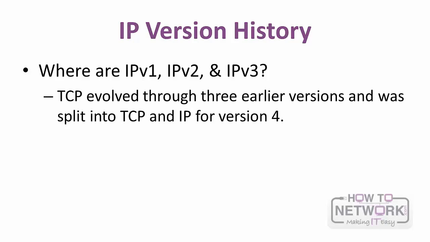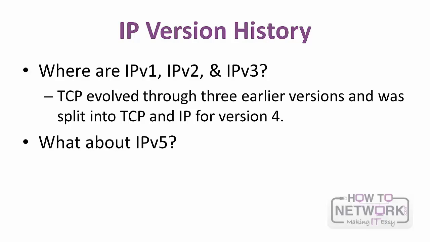TCP evolved through 3 earlier versions and was split into TCP and IP for version 4. That version number was applied to both TCP and IP for consistency. Even though the name seems to imply that it's the 4th iteration of the key Internet Protocol, version 4 of IP was the first that was widely used in modern TCP/IP.